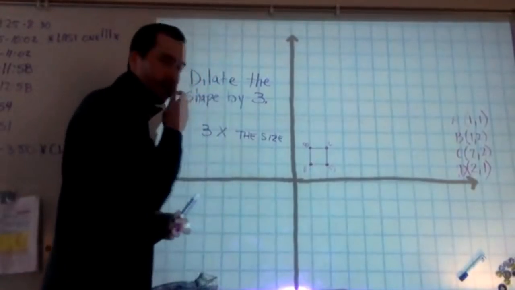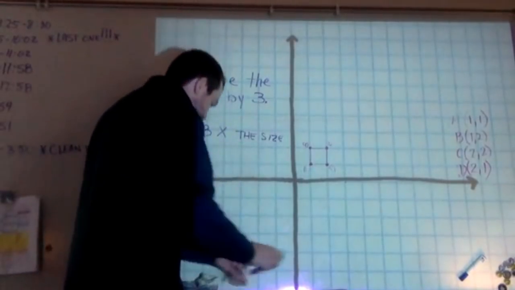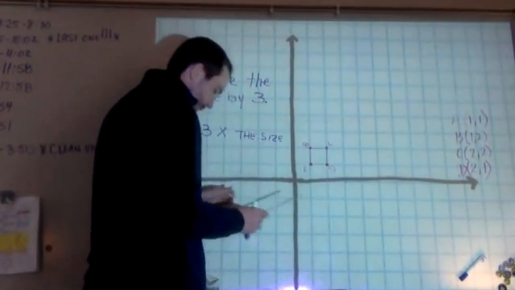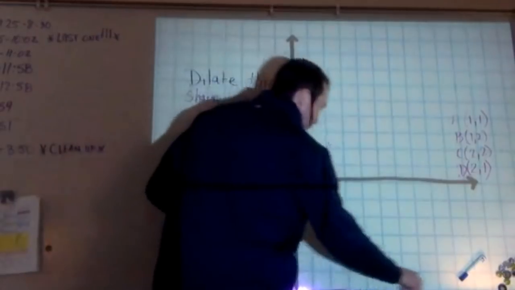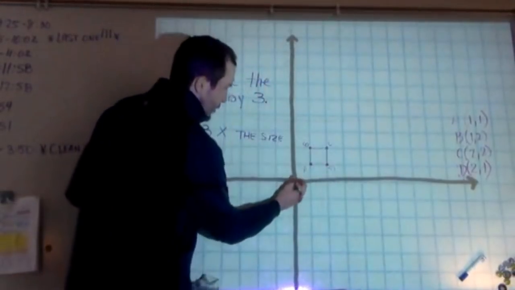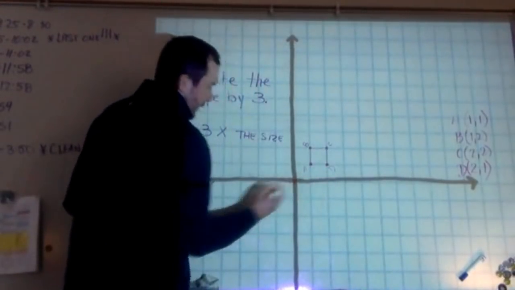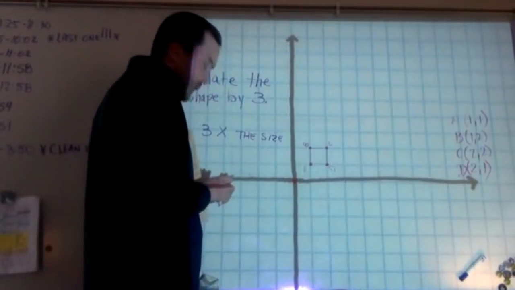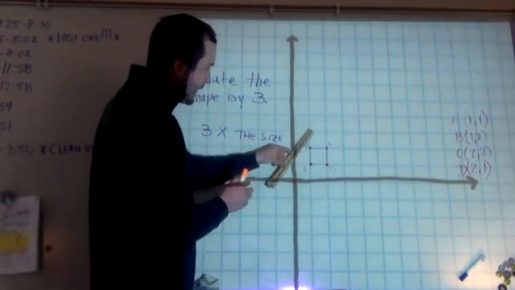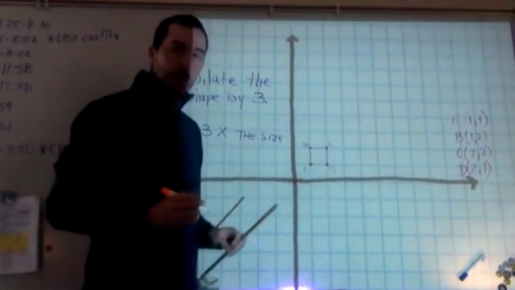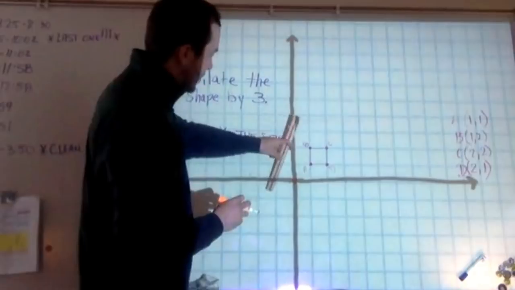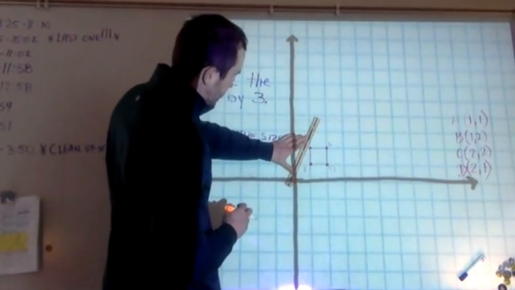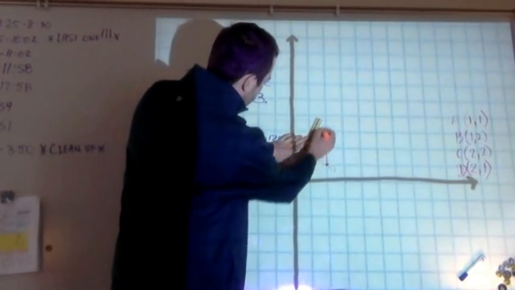All right, so the way we're going to do this is you're going to take a ruler. You're going to start from here at 0, 0. You're going to take this ruler and line it up with all the different points on our picture, and you're going to draw a line. So I'm going to line this up here.